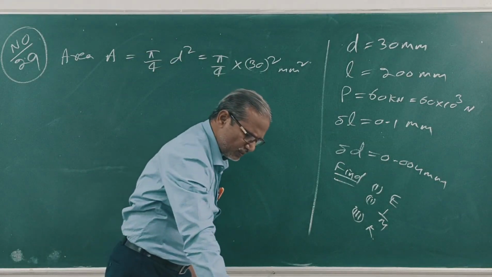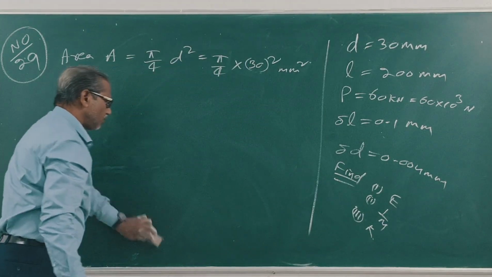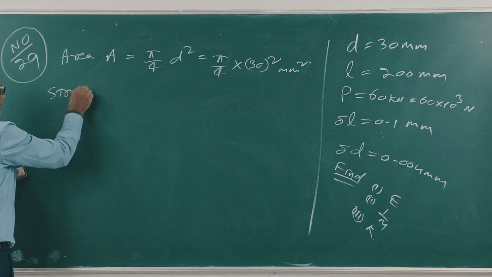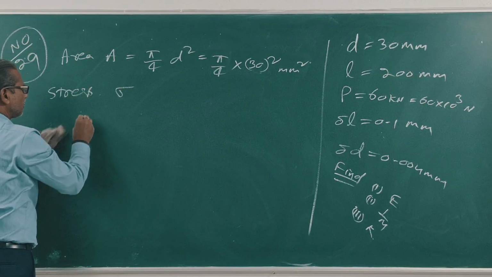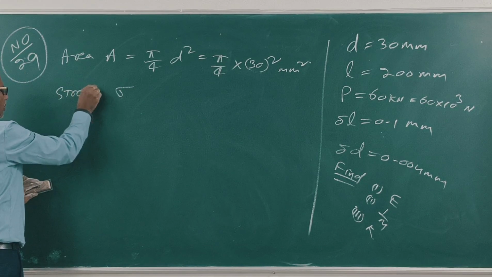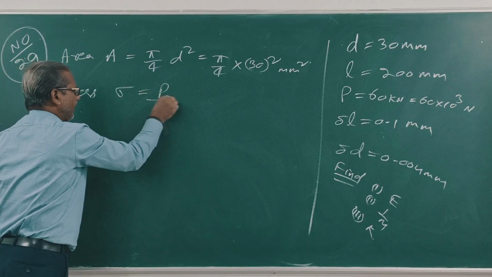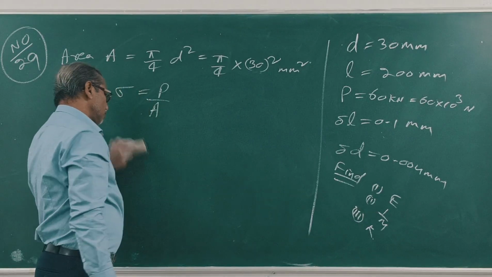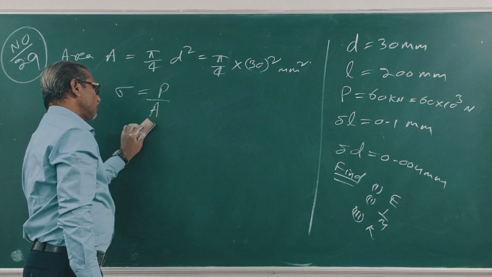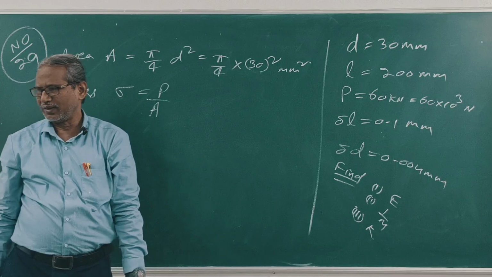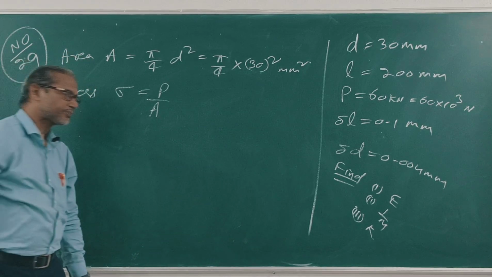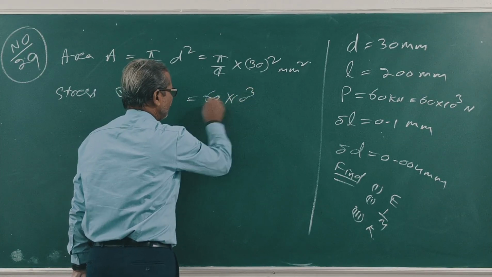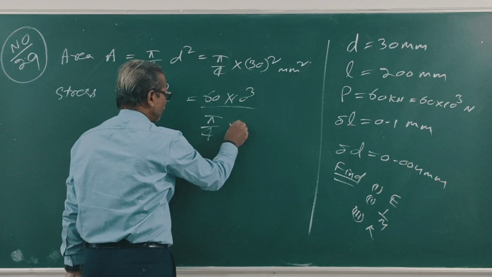Stress σ is equal to P by A. P is equal to 60 into 10³ by area, pi by 4 into 30 squared.